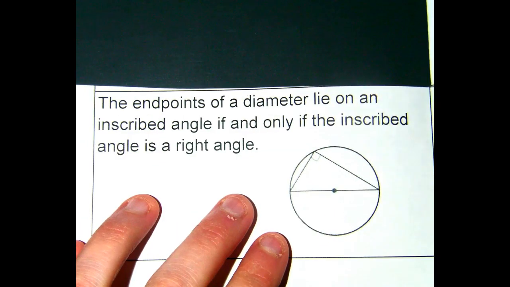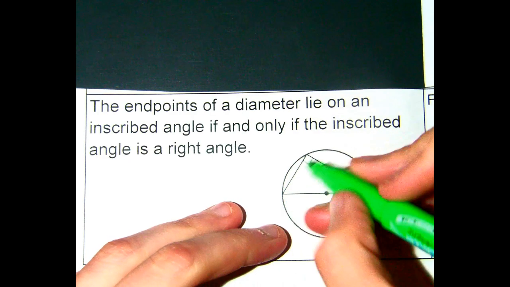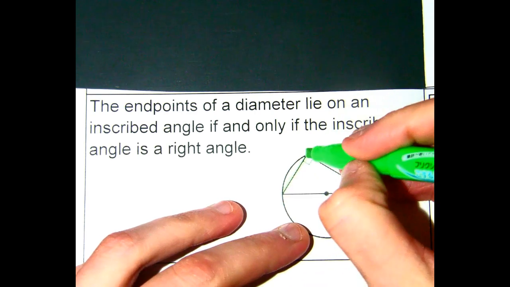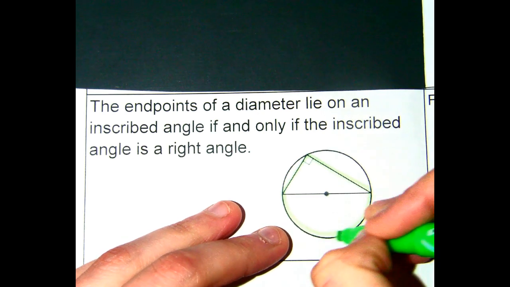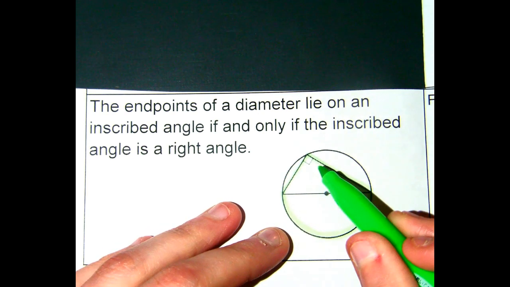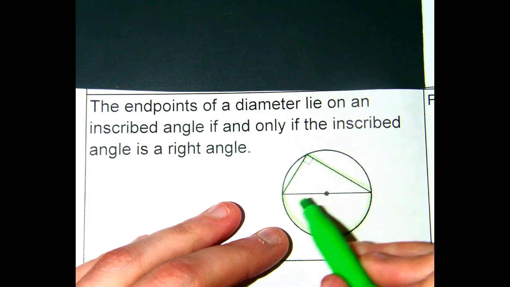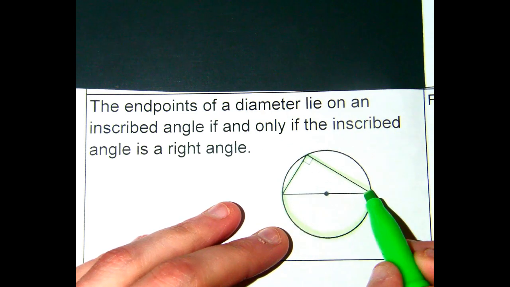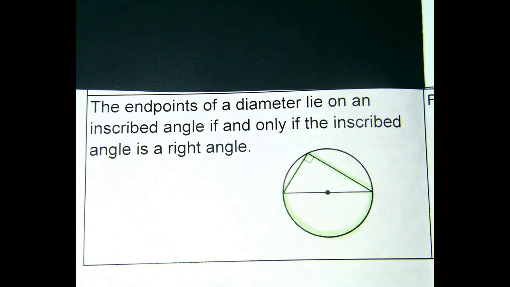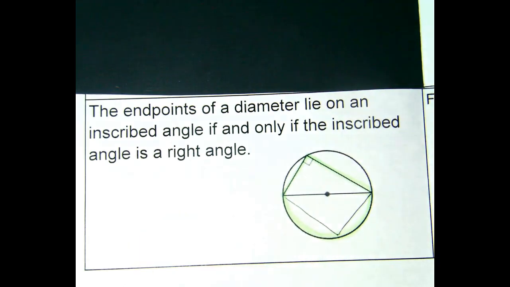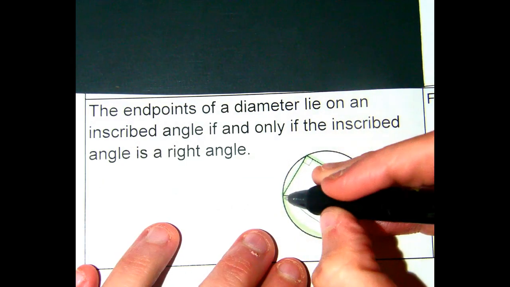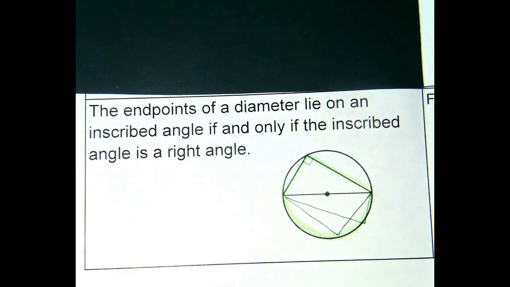Since this is the diameter and we have an inscribed angle, since this is 180 degrees, it's half, which is 90. Therefore, every time you see a diameter and an inscribed angle, it's 90 degrees. Yep, if I drew it right there, it's still 90 degrees. If I drew it right there, it's still 90 degrees. Every time, no matter what.